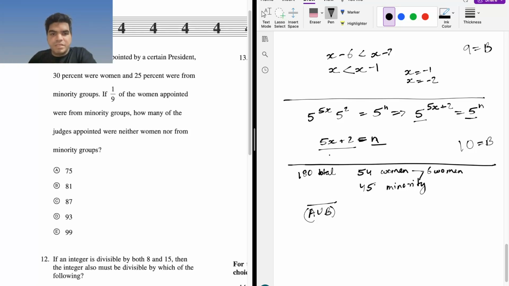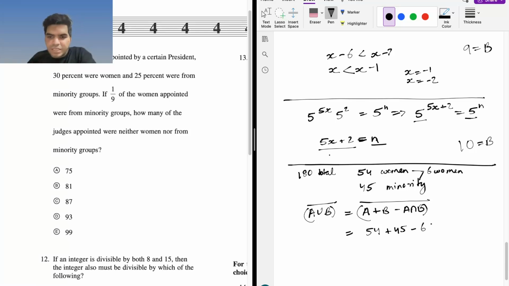So this will be equal to the negation of A plus B minus A intersection B, and the negation of that. Correct? So A will be 54 were women, 45 were from minority, 6 were common in both.